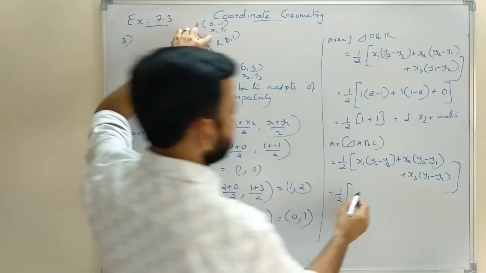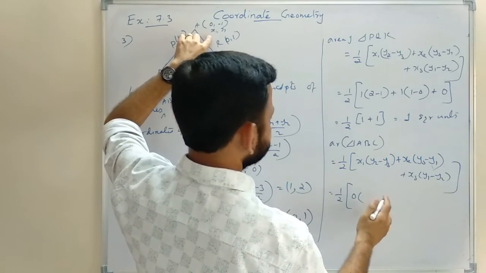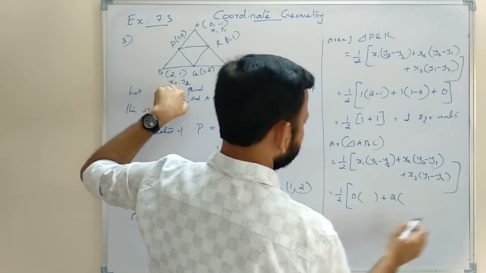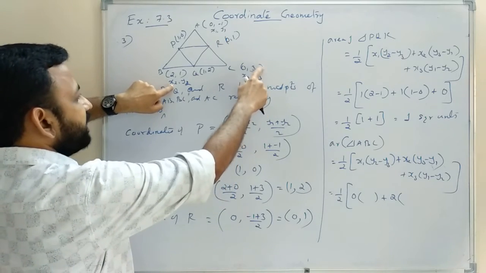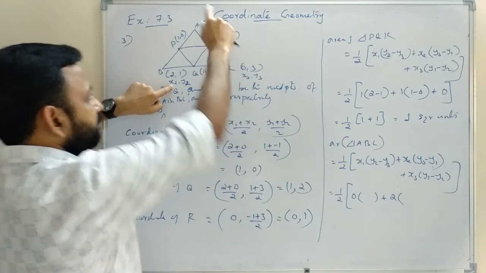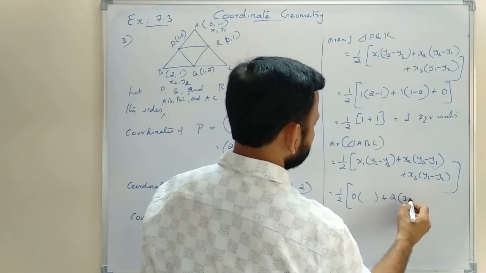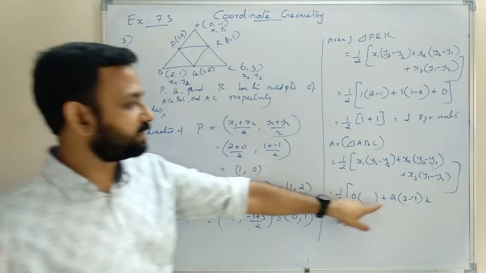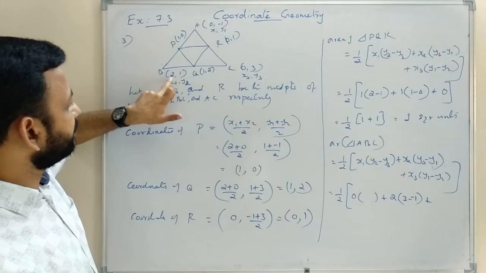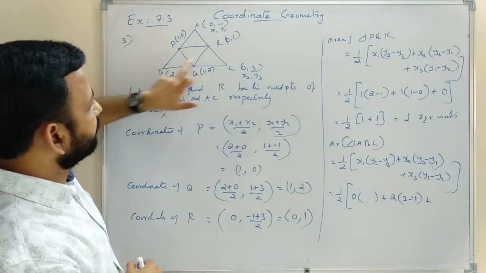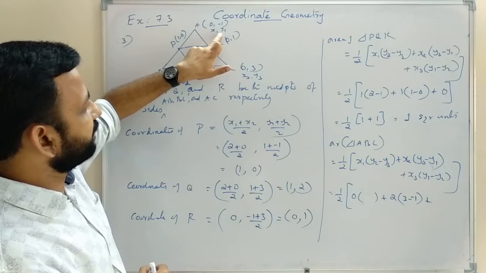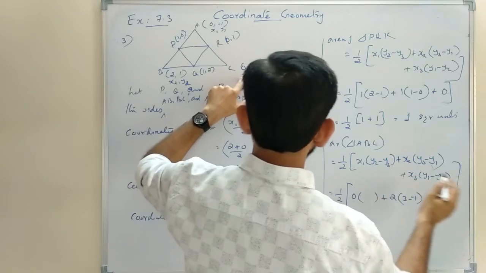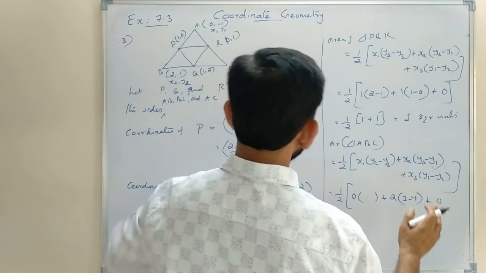x1 is 0, 0 into that is complete 0, plus x2, here x2 is equal to 2, 2 into y3 minus y1. So y3, that is 3 minus minus 1, that is 3 plus 1, then x3 is again 0, that term is 0.